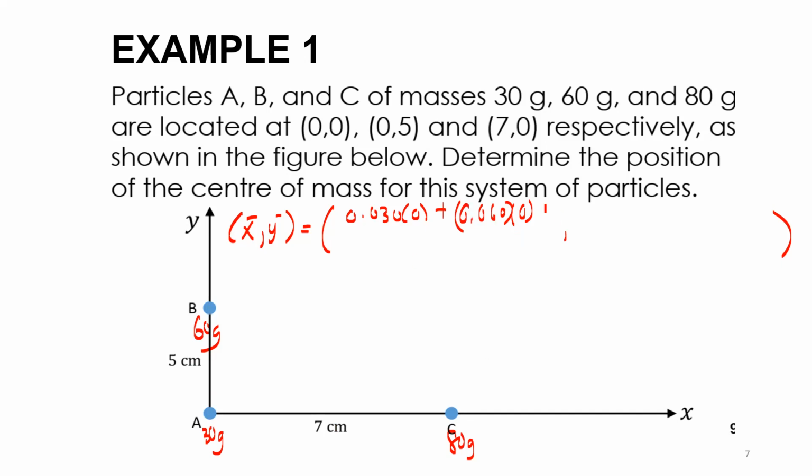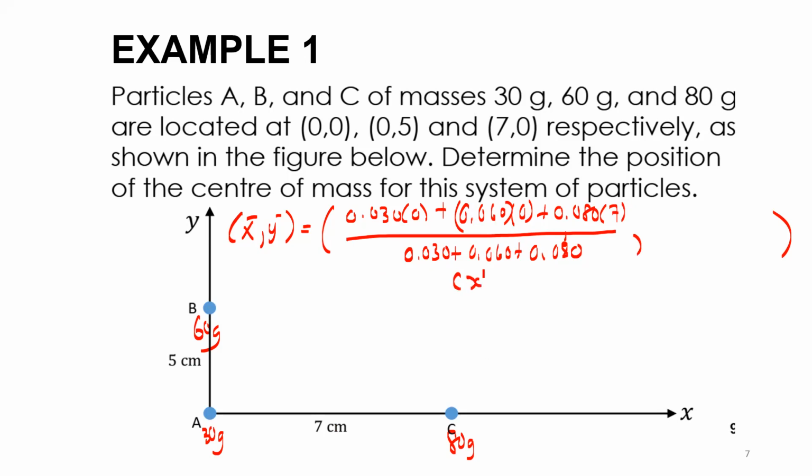So I will take plus 0.080 times 7. You divide this by 0.030 plus 0.060 plus 0.080. Yes, done. So this gives you your x.